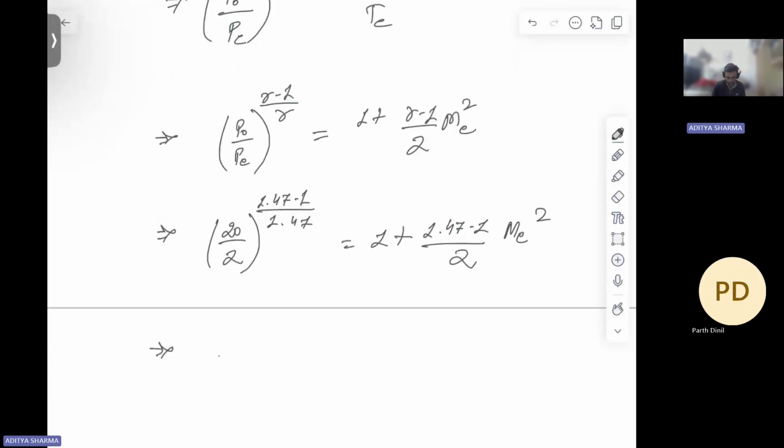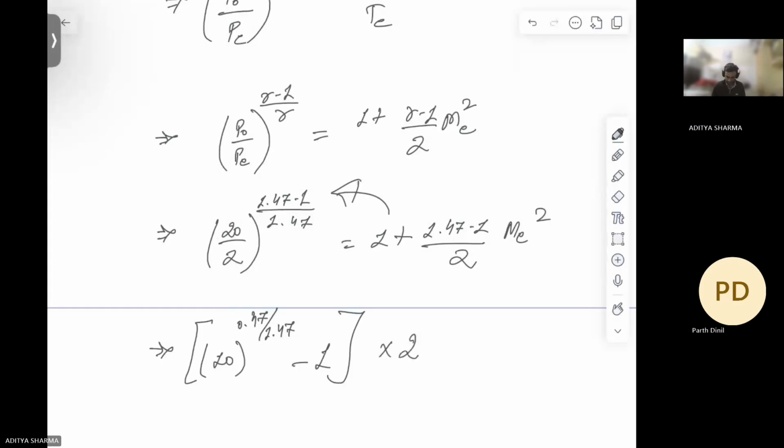So this becomes 10 raised to power 0.47 divided by 1.47. This becomes this. Then minus 1 also. From here, I'm taking this to get M exit square.